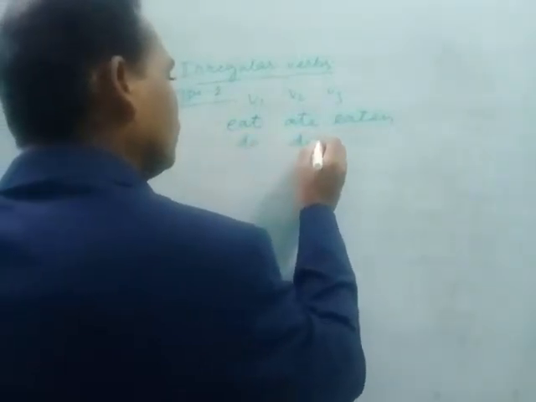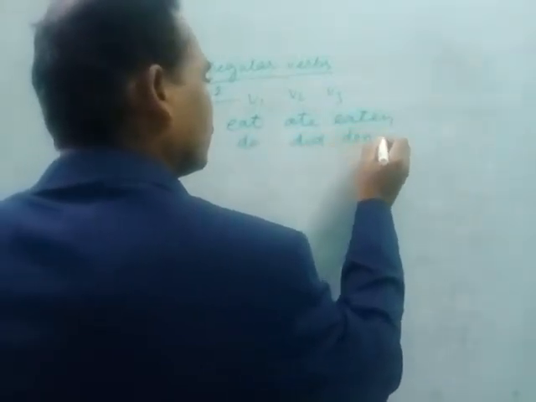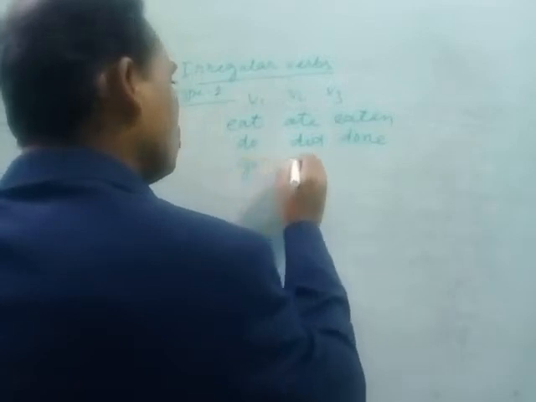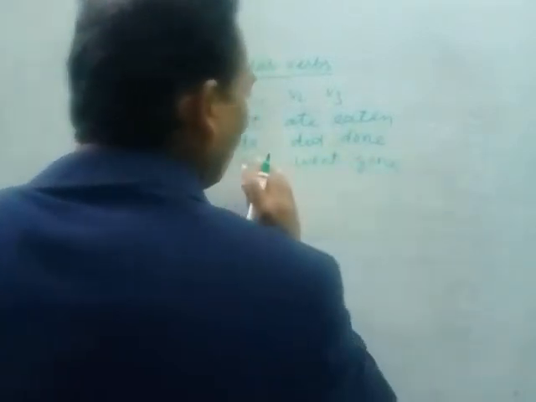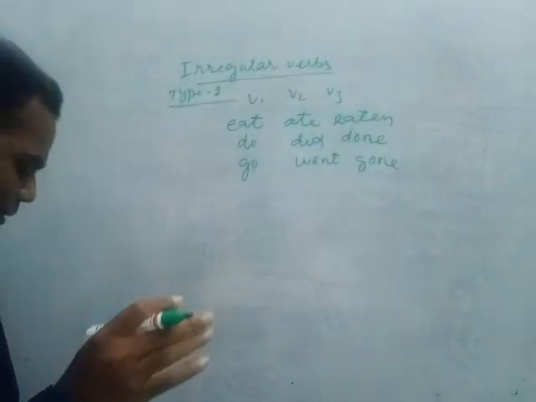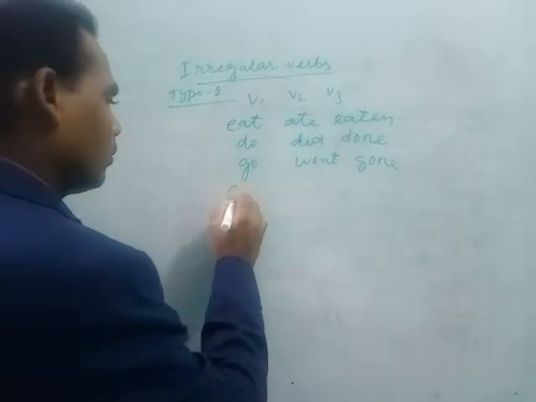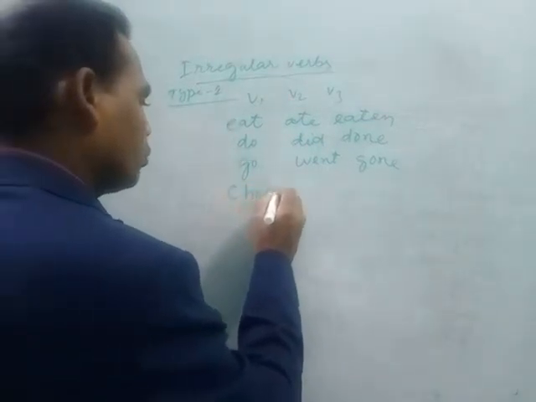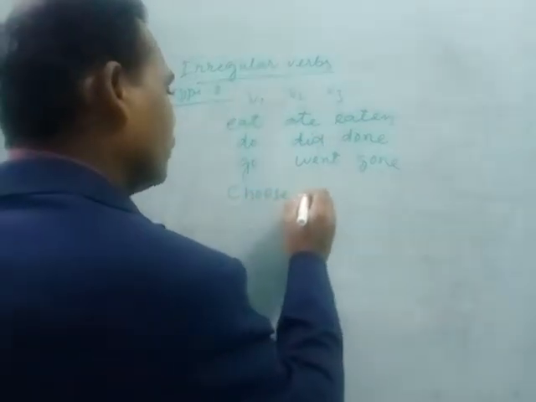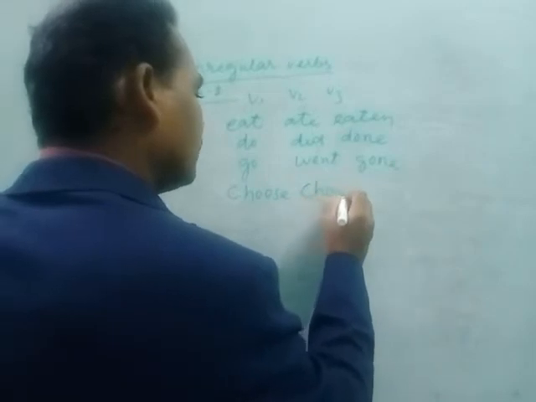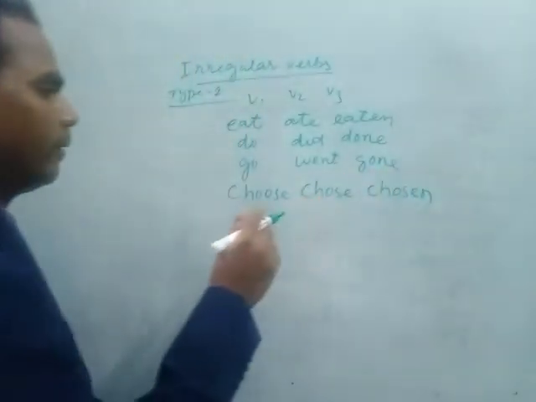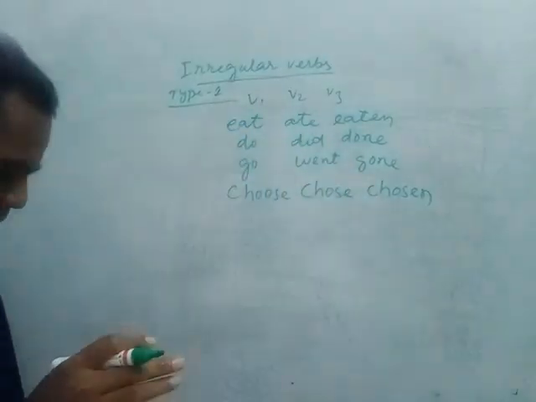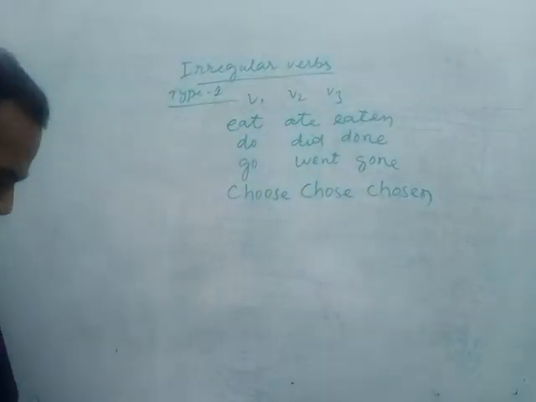Do, did, done. Go, went, gone. Here all the verb forms are different. Some difficult verbs are also there: choose, chose, chosen. All the verb forms are different.